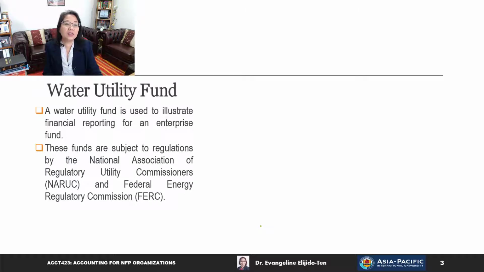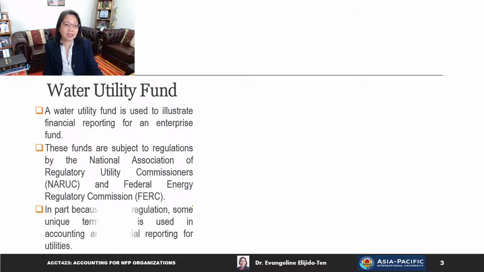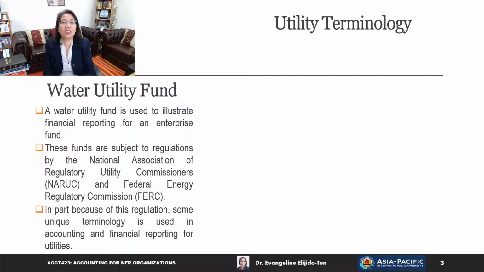Water utility funds are subject to regulations by the National Association of Regulatory Utility Commissioners, NARUC, and the Federal Energy Regulatory Commission, FERC, in the United States. In part because of this regulation, there is some unique terminology used in accounting and financial reporting for utilities. Some of this utility terminology is provided here.